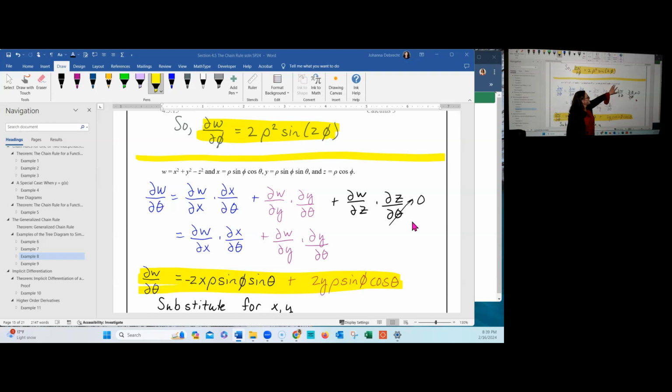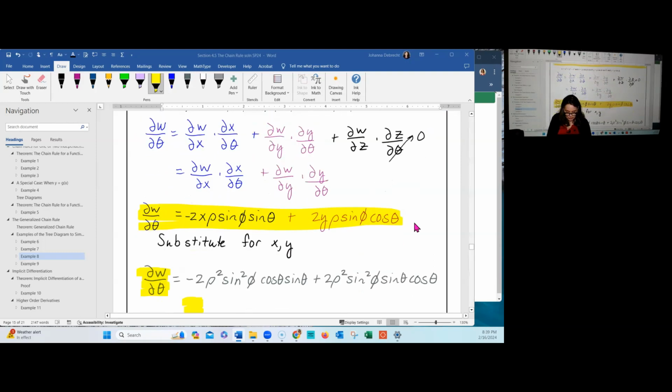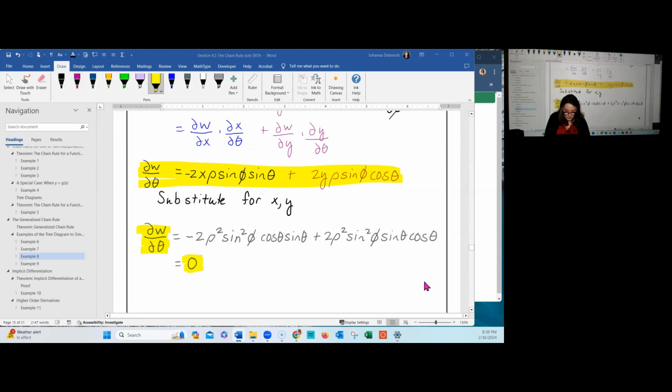However, z does not depend on theta, making it a constant in terms of theta. So the partial of z with respect to theta gives us 0, and the third term drops out. Once we have this expression, we can substitute for x and y, and we get, quite surprisingly, that the partial of w with respect to theta is in fact 0.